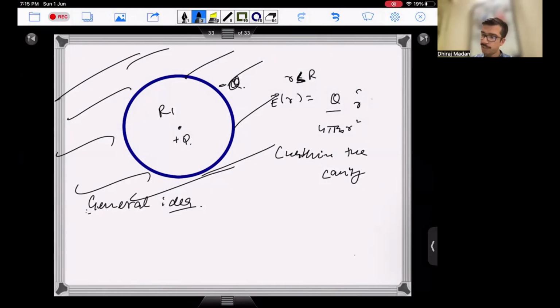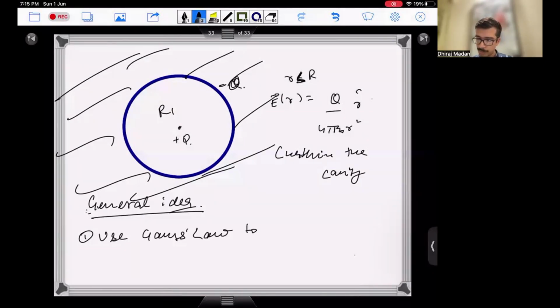The general idea is that, first, you can use Gauss's law to compute the electric field on each surface.